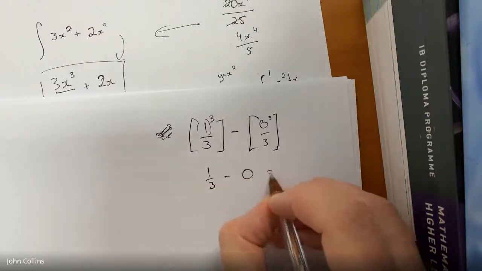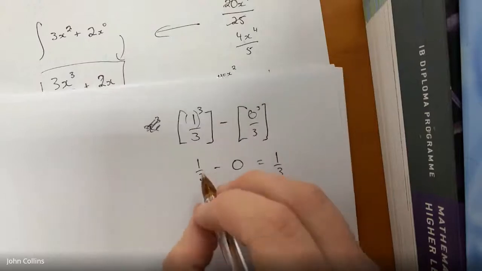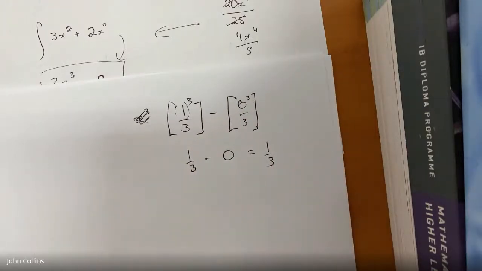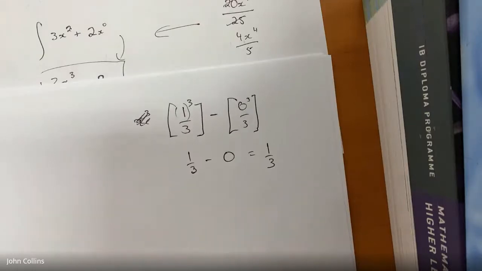Take away 0, and that gives 1/3. Hey presto, it worked. Okay, that's the fundamental theorem of calculus. It hasn't been explained fully yet, but it is integrate and then sub in the upper and lower bounds and subtract them. That's all we need to do. That is the fundamental theorem.